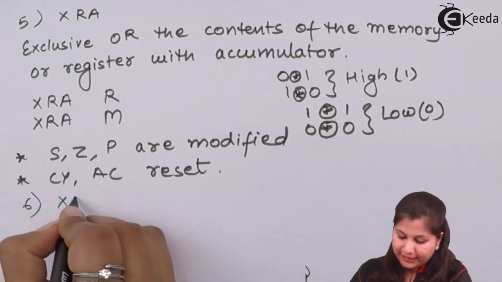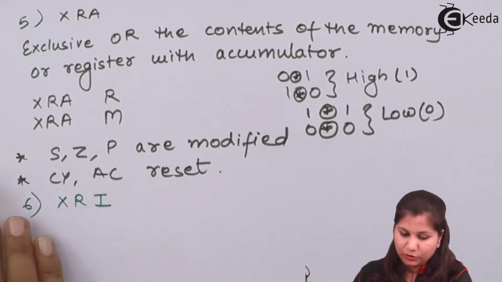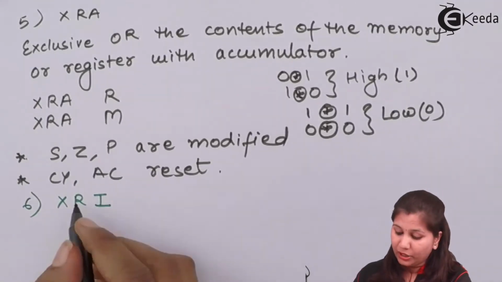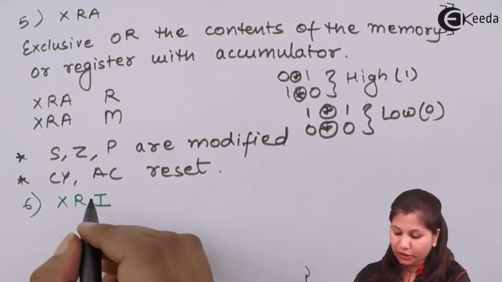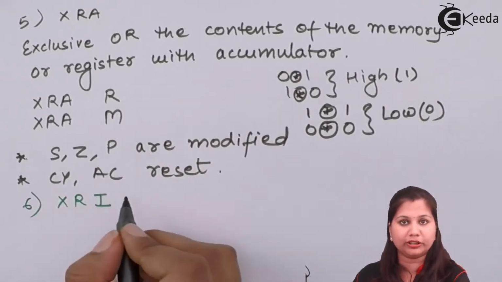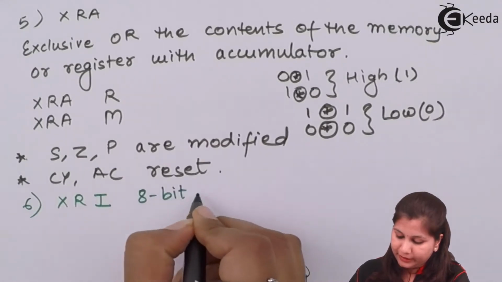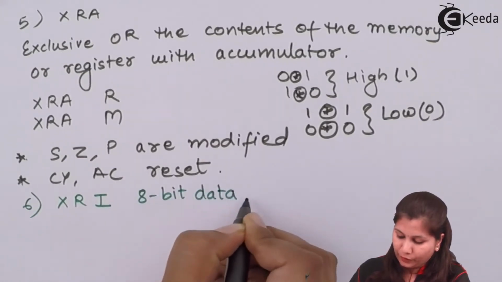Next instruction is XRI, so this is also going to exclusively OR the contents of the accumulator with the 8-bit data, because here we are having I for the immediate, so XRI, and then we will have an 8-bit data over here.